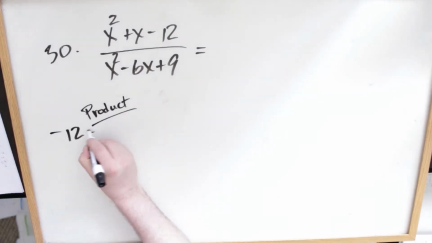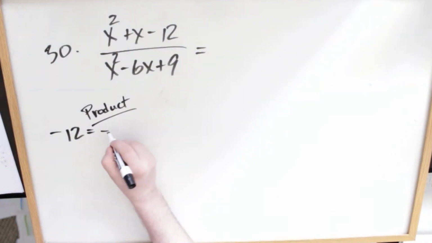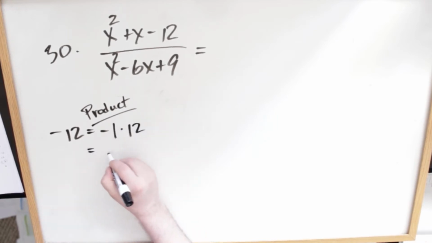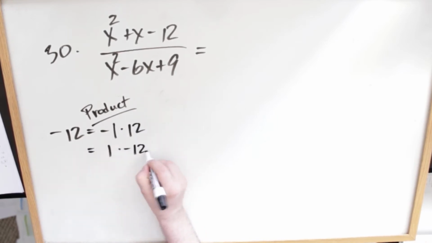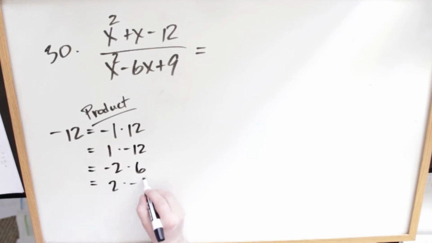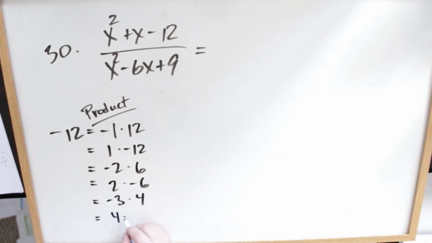So the product of minus 12, let's just break it apart. Minus 1 times 12. This is going to be 1 times a minus 12. Other factors are going to be negative 2 times 6, 2 times negative 6. This is going to be a negative 3 times 4, and a 4 times negative 3.